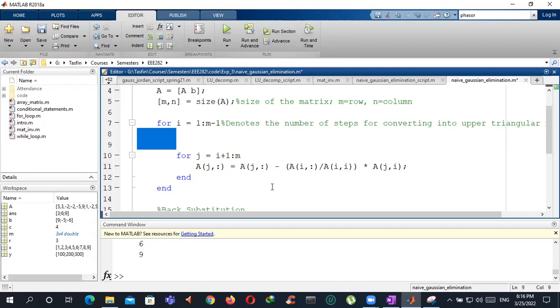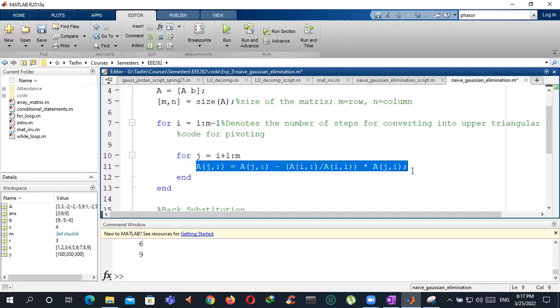You should think about where you should incorporate your code, but one way could be to include your pivoting code here. Okay, so try to modify the code for pivoting here. Then after pivoting, we can move on to the elimination part.